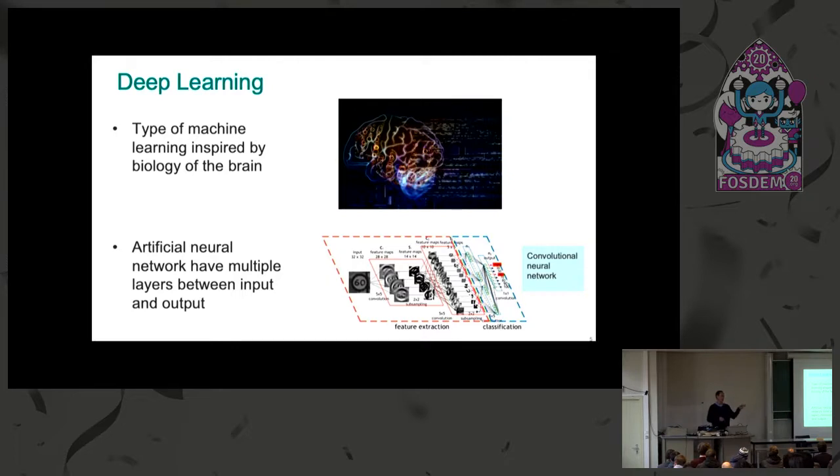They have an input layer, for example, an image, an output layer, which could be a classification, and in between they have potentially many hidden layers with different components.